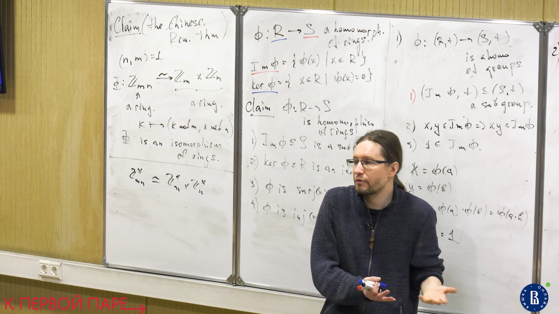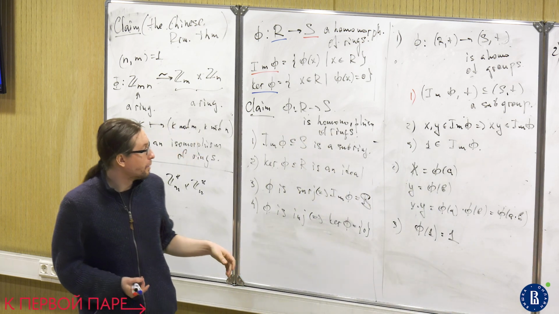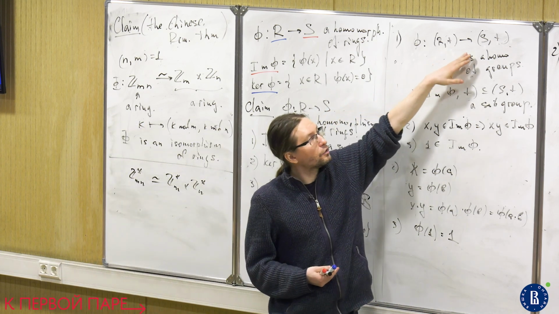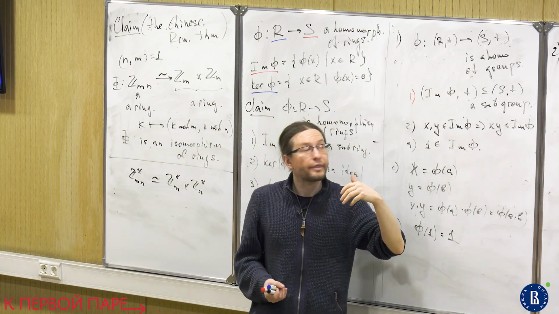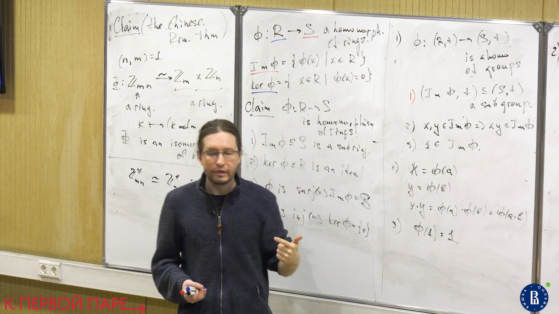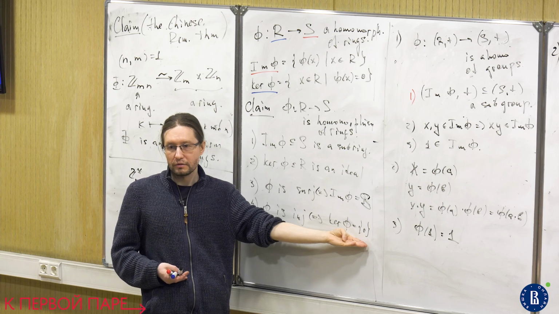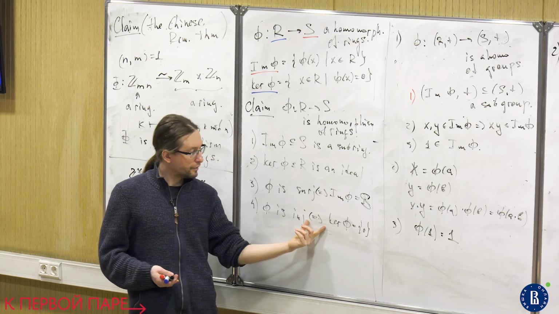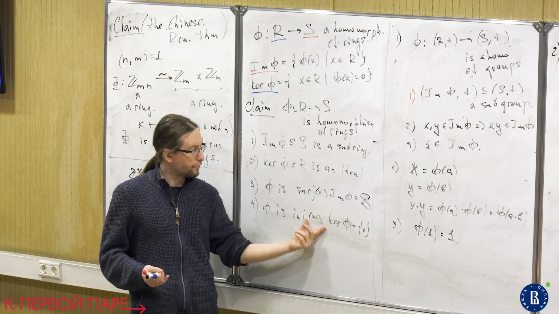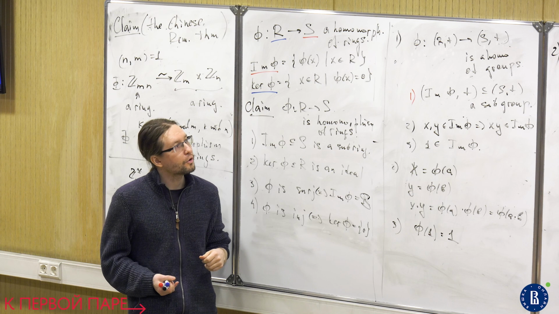Because it's just a property of a map. It doesn't depend on the operations. But in case of groups, we already know that a homomorphism is injective if and only if its kernel contains the neutral element only. So that's why this equivalence follows from the previous fact about the kernel of a homomorphism of groups.